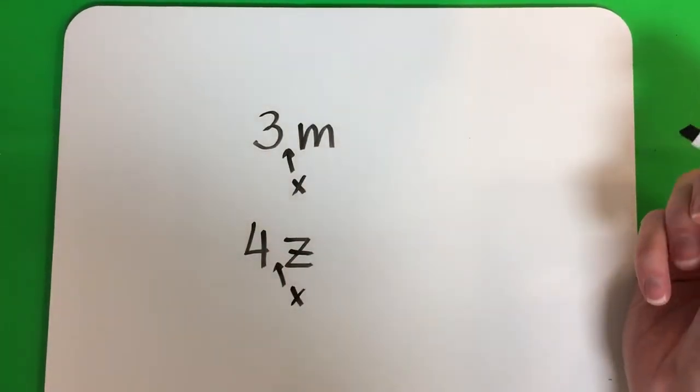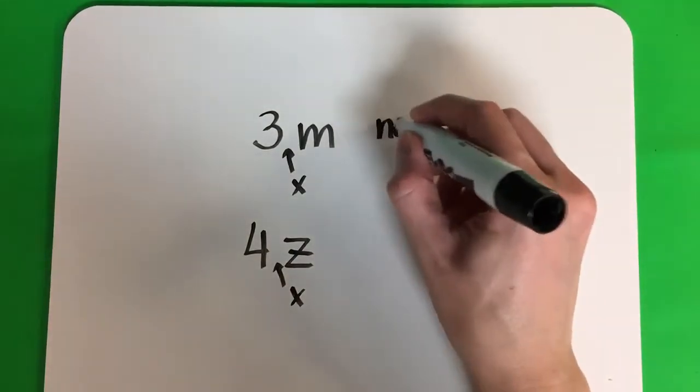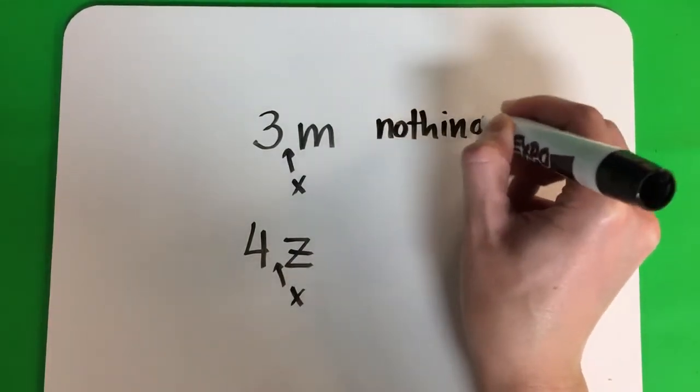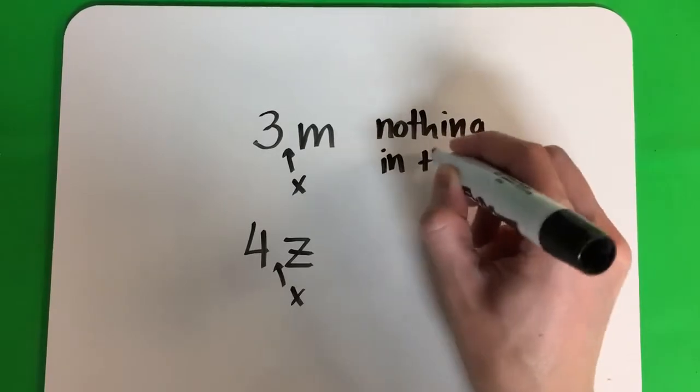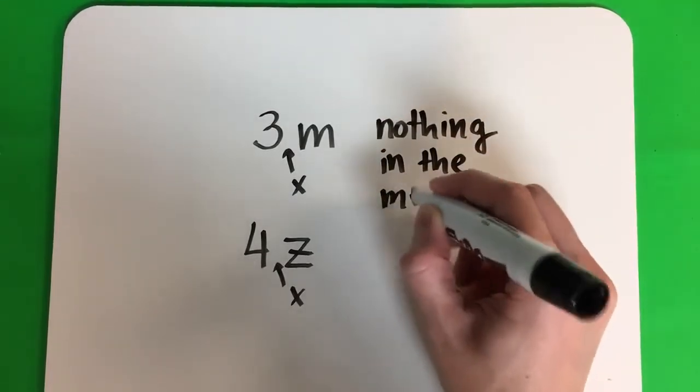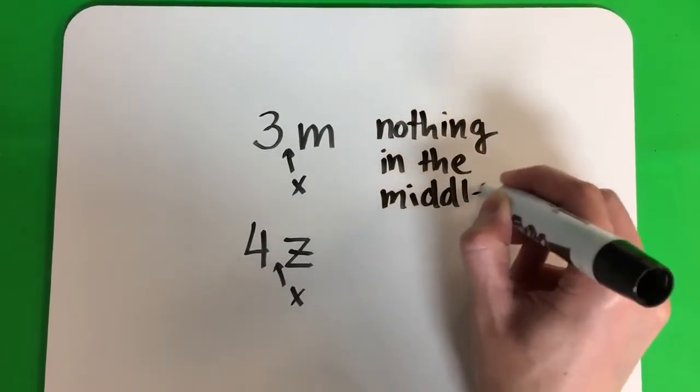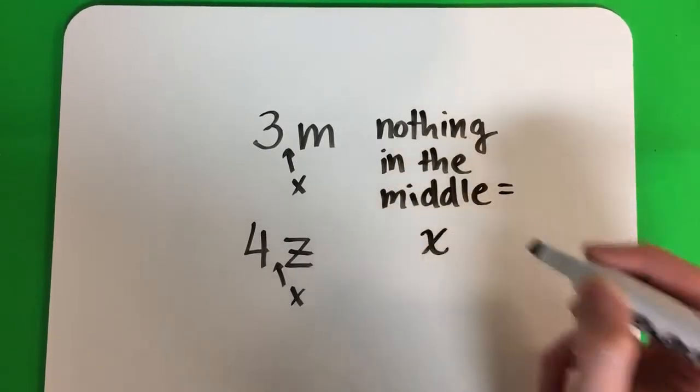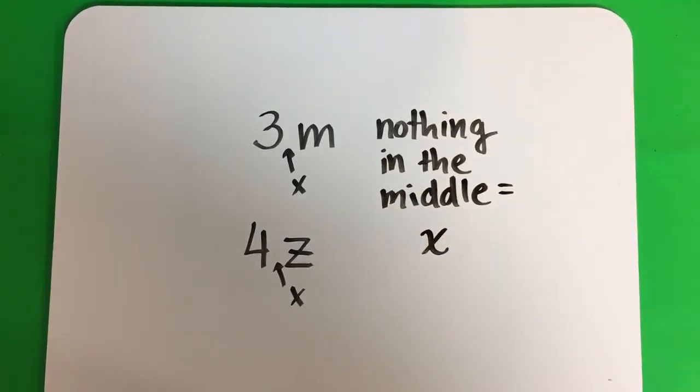Just remember, if there's no sign in the middle, it's multiplication. Nada en el medio, es multiplicación.